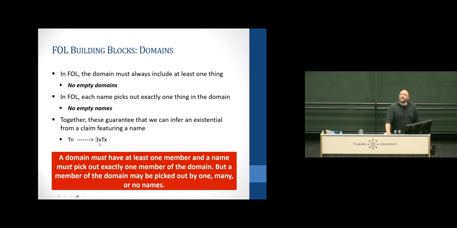We wouldn't be able to do this if both of these assumptions were dropped. So these are simplifying assumptions, but they'll help us for the beginning. So again, a domain must have at least one member, and a name must pick out exactly one member of the domain, but a member of the domain may be picked up by many or even none of the names available.